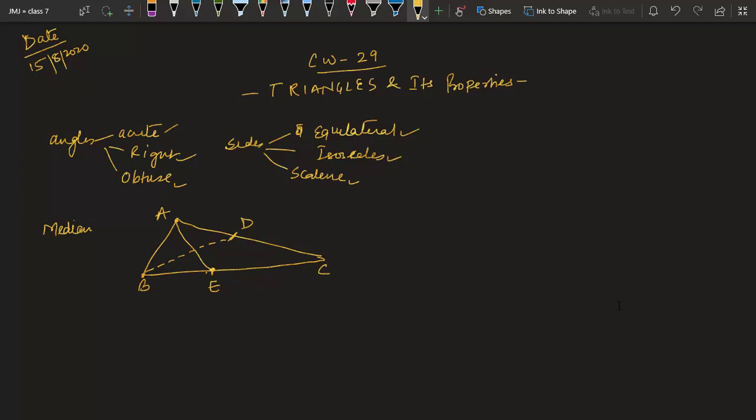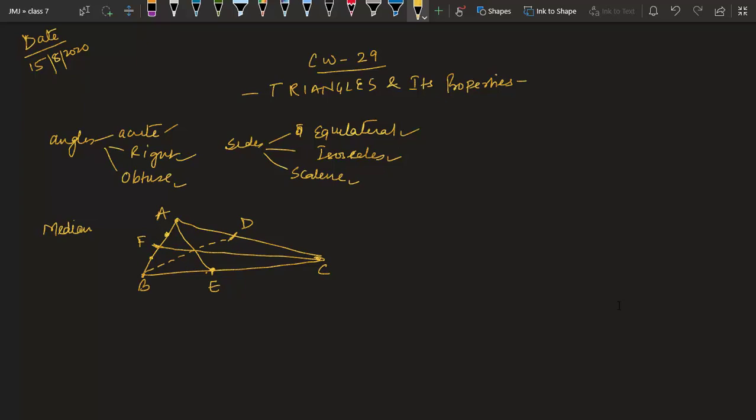And last but not the least, this line AB, suppose this is the midpoint F. Midpoint means this F is dividing this AB in two equal parts. This AF is equal to FB. I hope you all know what is a midpoint. Now if I join this midpoint F and this opposite vertex C, what I get is a median. So I guess median is clear to you.